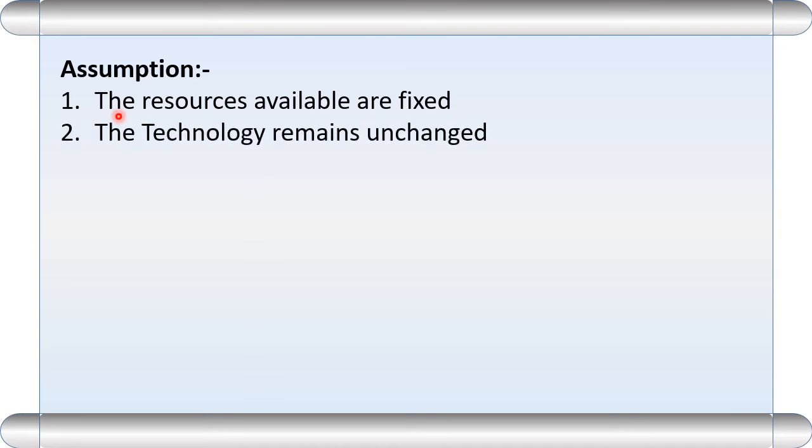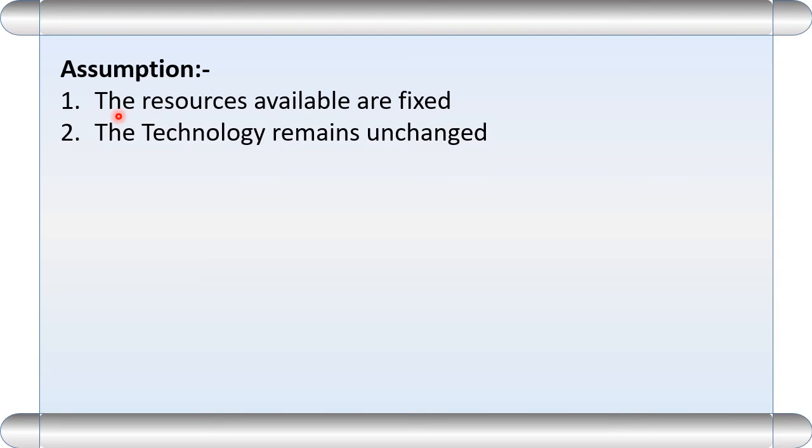Let us see the assumptions in this production possibility curve. The first assumption is the resources available are fixed. The production possibility curve will be applicable, or we can think of going for the production possibility, when the resources available are fixed. The second assumption is that the technology will remain unchanged.